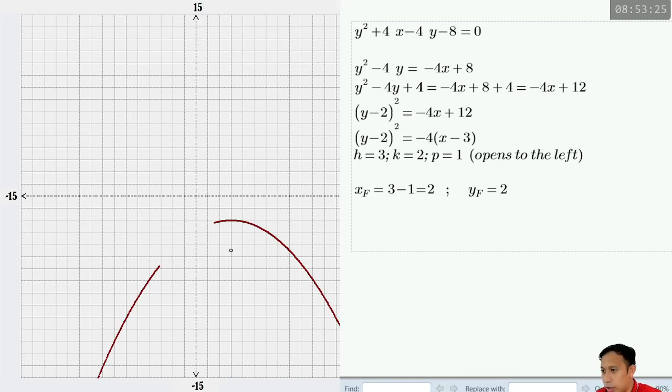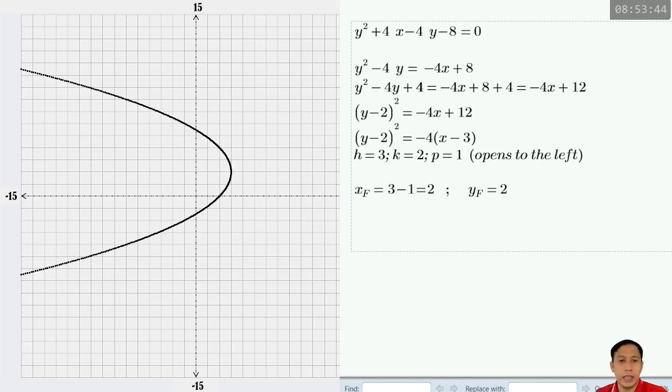Okay, so it's a parabola whose vertex is again at 3, 2. 3, 2. Focus is 1 and, now, so the focus is at 2, 2.